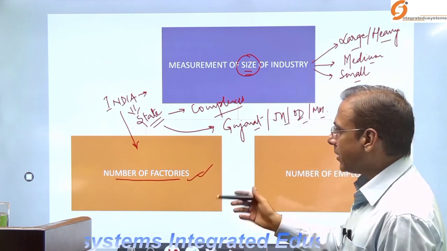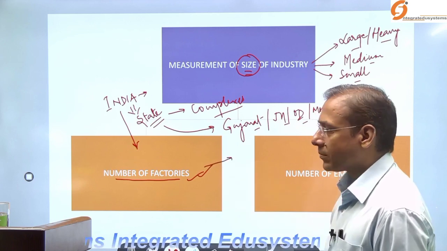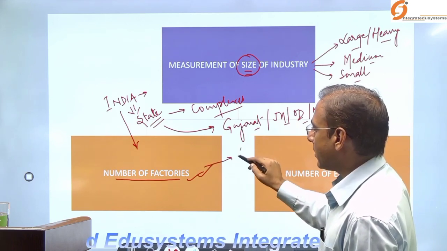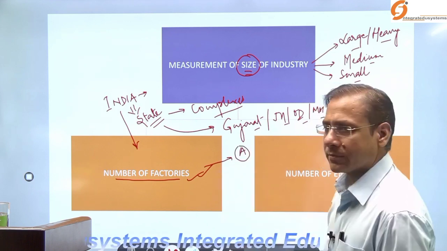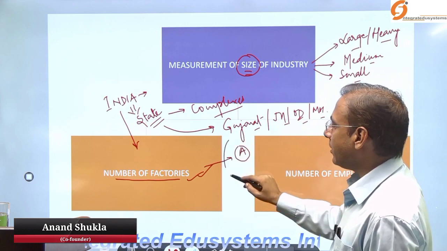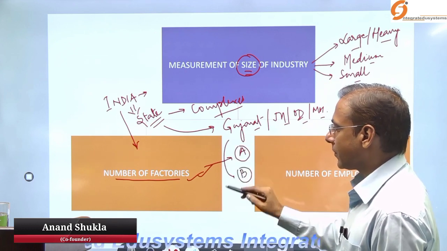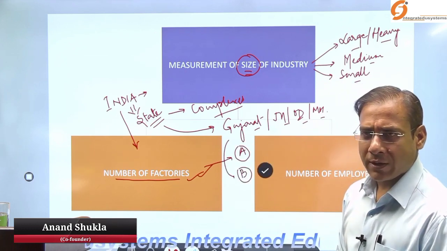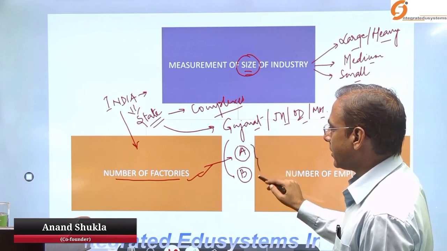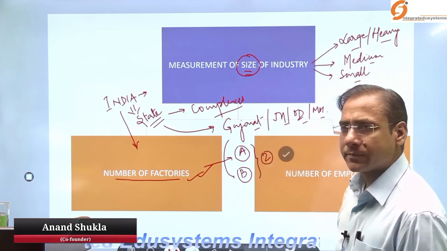When we are considering the number of factories, what is the problem here? Say for example, I have considered a factory A of Gujarat, and I have considered a factory B of Gujarat. We saw two factories of Gujarat. If you consider the number of factories, that makes two.